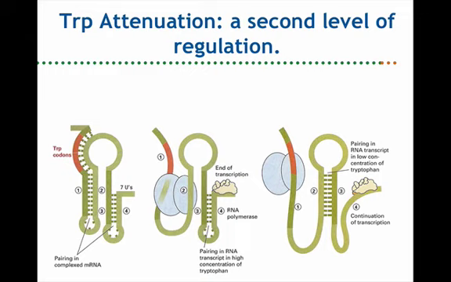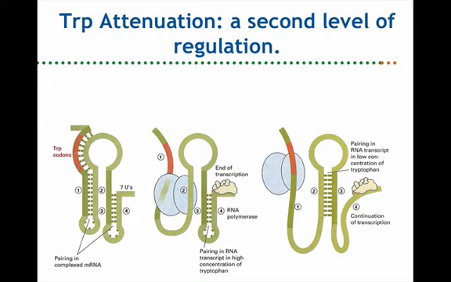This is so elegant. If the ribosome stalls here, 2 cannot pair with 1, so it will pair with 3. And that will prevent 3 from pairing with 4. That will prevent transcription termination, and transcription will continue, as we would hope.